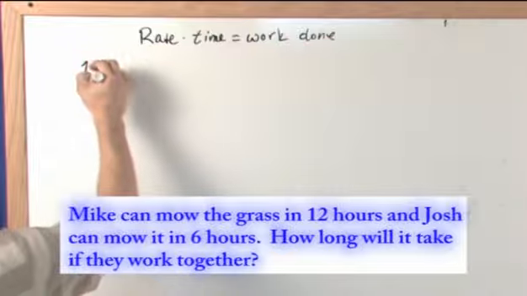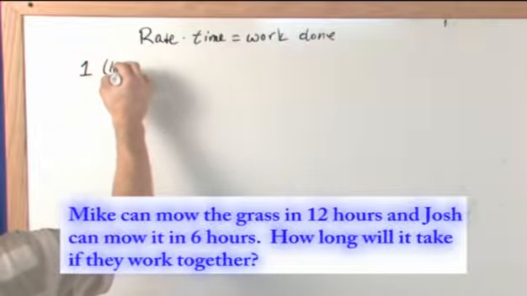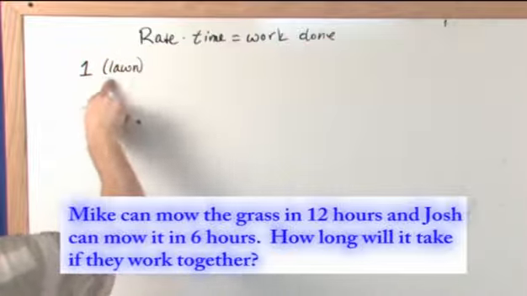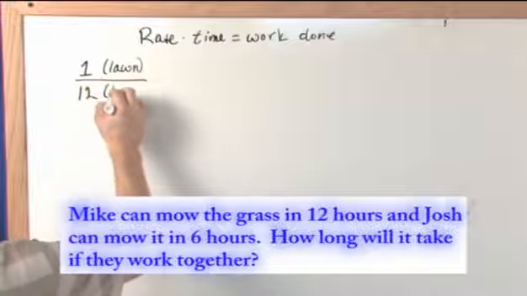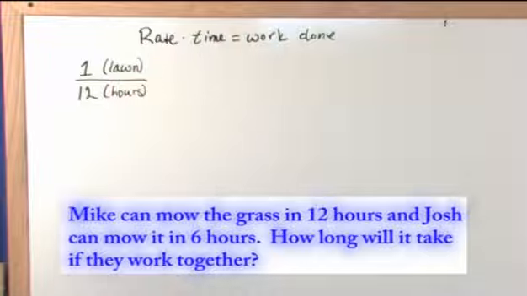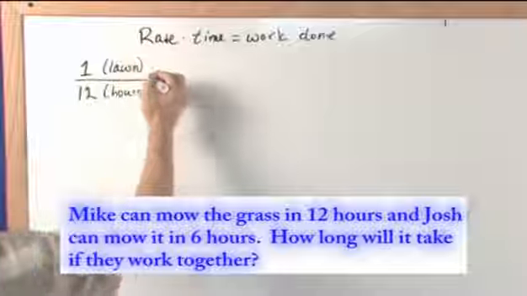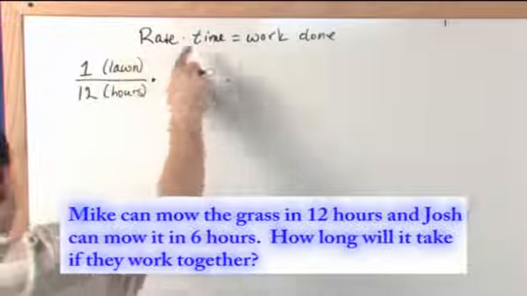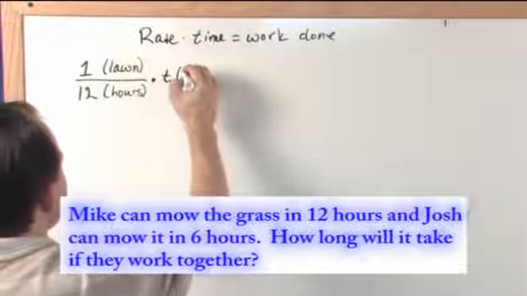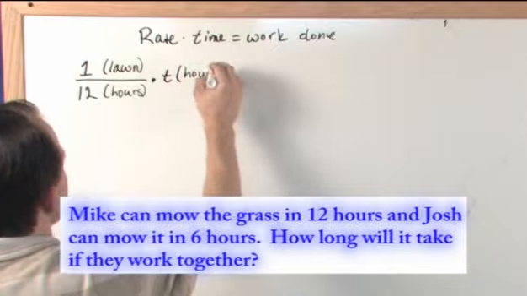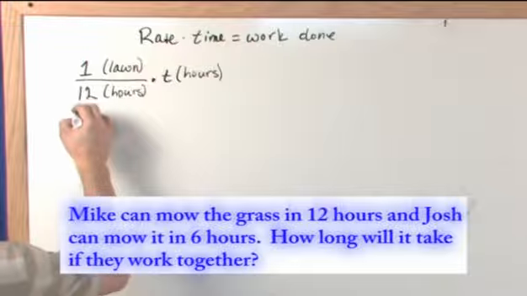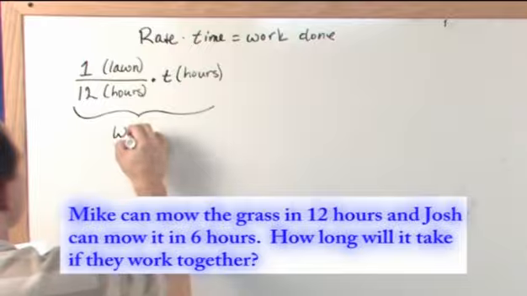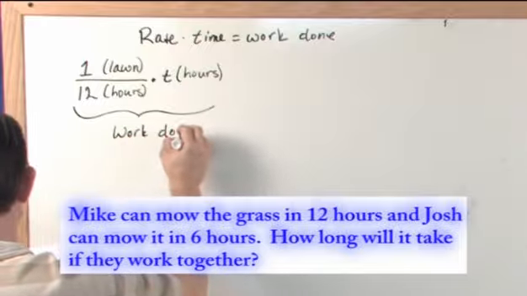He can mow one, and I'm going to put the units in parentheses, one lawn in 12 hours. That is the rate at which he can work. We're going to multiply this times the time, which we do not know, and I'm going to call it T, and that's hours. So that is the work done by Mike.